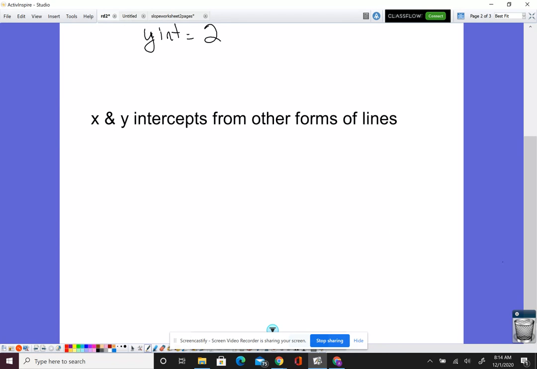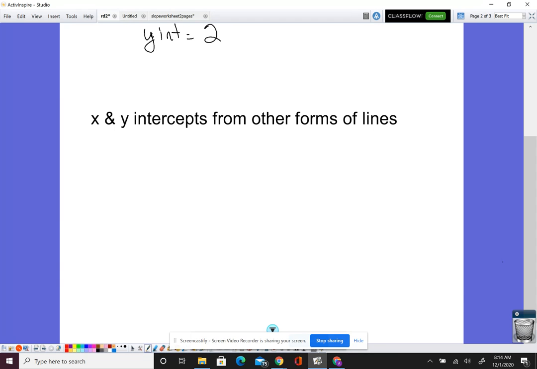And then the last set of questions, they give you equations that aren't in y-intercept form. They're in standard form or some other form.